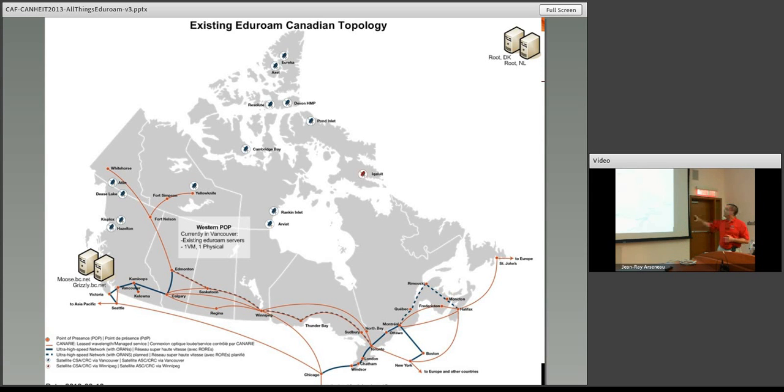And what I just depicted is the CANARIE network layer there, to give you an idea of some of the transit some folks may experience. We're looking into how many people actually transit the CANARIE network when they use the Eduroam service. We expect that the vast majority of people will.